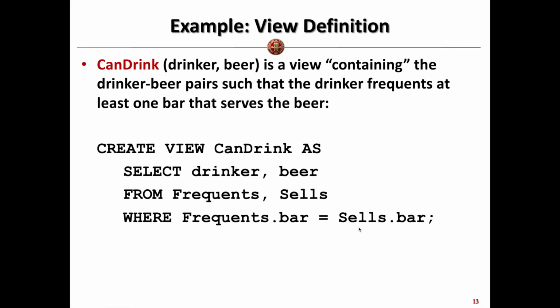So we provide a renaming for this query, as shown here, as CanDrink. Inside this view CanDrink, we have two attributes, drinker and beer. However, CanDrink never appears in the tables. It doesn't exist in our database system. It's a renaming for its query, right?